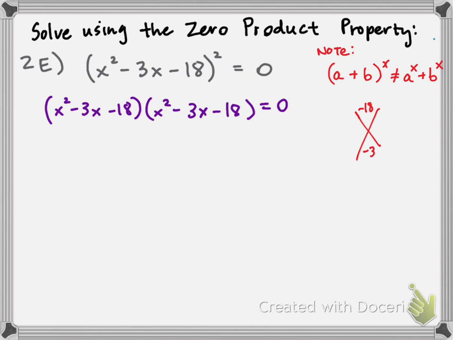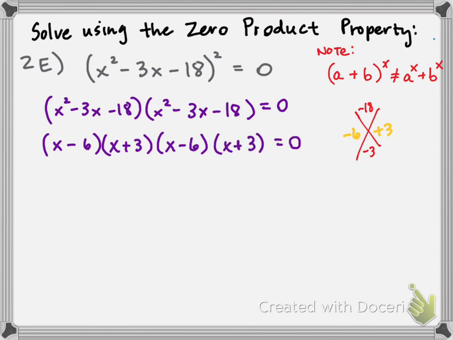Yep, that's right, -6, positive 3. So let's factor appropriately. We have (x - 6)(x + 3), (x - 6)(x + 3), and they both equal 0. I'm going to rewrite this so that I can see it in terms of (x - 6)² (x + 3)² = 0.